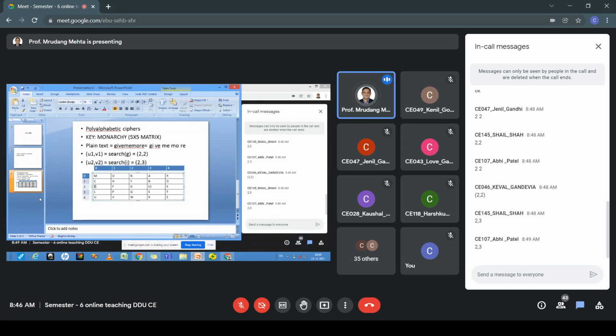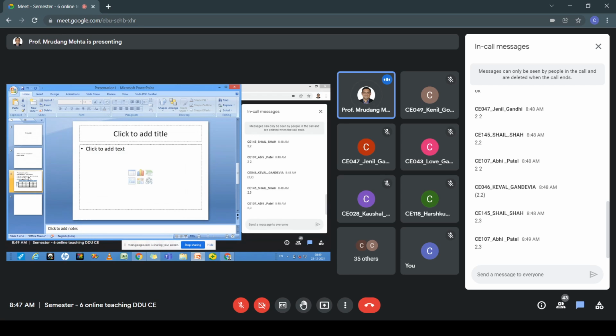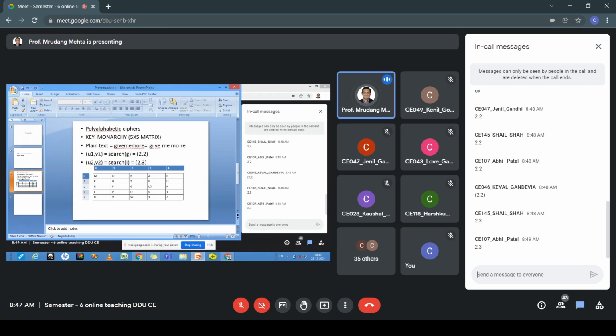So for these three conditions, we have to write the algorithm. We remember that U1 V1 and U2 V2 are our locations, and how we should do the encryption for them.